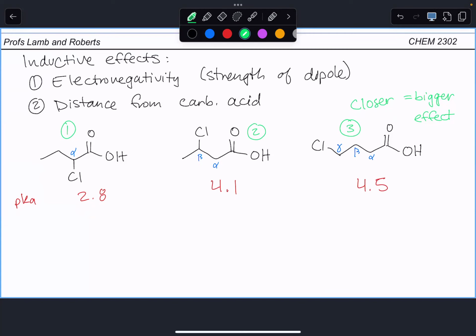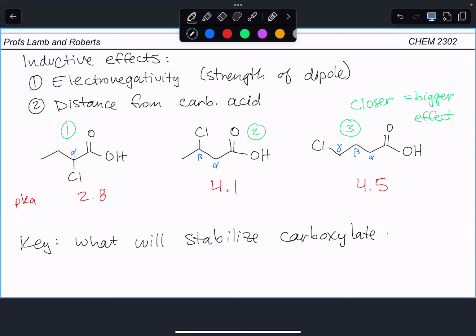But in general, the key message, anytime you're trying to compare pKa's, is you're going to ask yourself, what will stabilize that carboxylate, the conjugate base, the negative charge, the best?